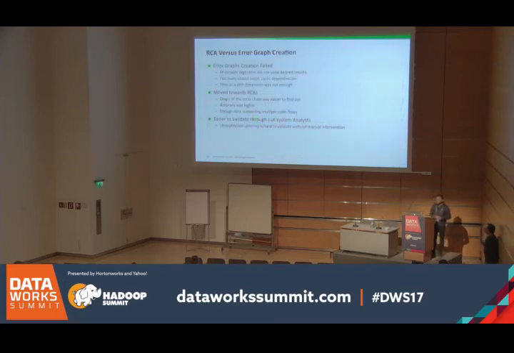During the first attempt, we tried to find the error graphs, the error hierarchy. Suppose we run a query from Hive View. It goes to YARN, which spawns a YARN job, and that job reads from HDFS.